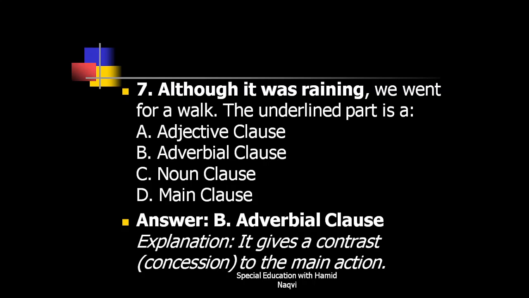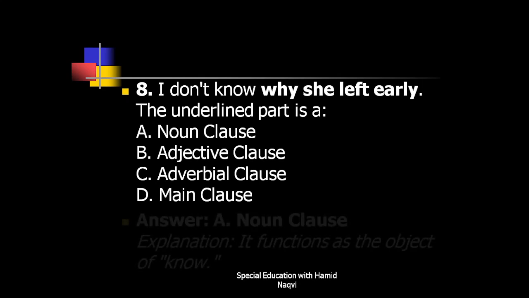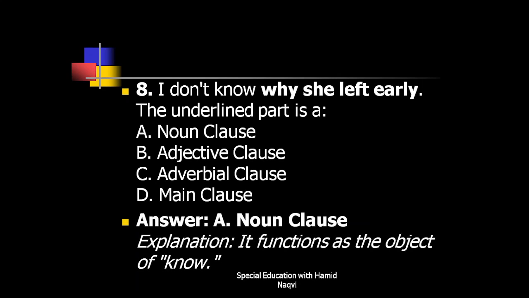Although it was raining, so it is an adverbial clause. "I don't know why she left early." Noun clause, adjective clause, adverbial clause or main clause? It is a noun clause. It functions as the object of know.